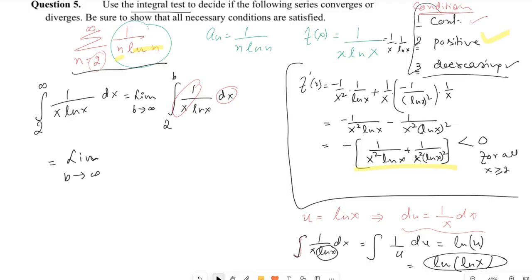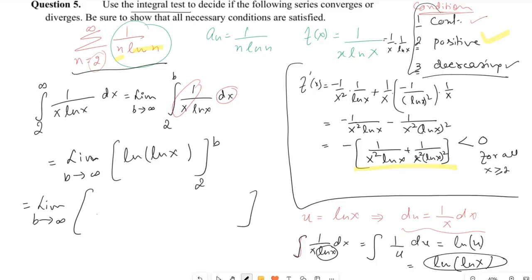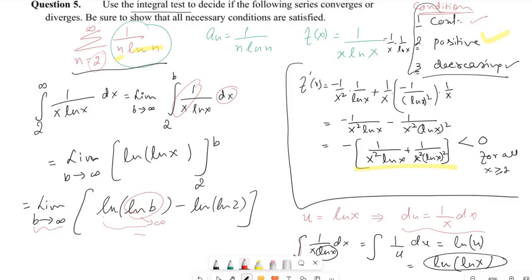So this can be written as limit b approaches infinity, the integral is log of x from 2 to b. How do you put the limits? You put the upper limit minus the lower limit: log of b minus log of 2. Now we need to decide what happens to the limit. When b approaches infinity, log b approaches infinity.